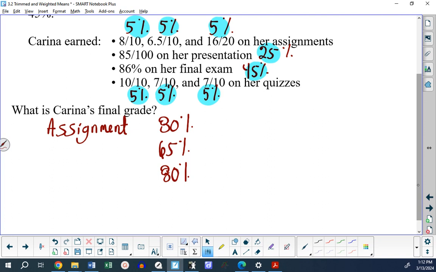I think 16 out of 20 is 80, isn't it? Okay. And what are the weightings here? Five percent, 5%, 5%. So I'm setting this up in the same visual way that we did the example.